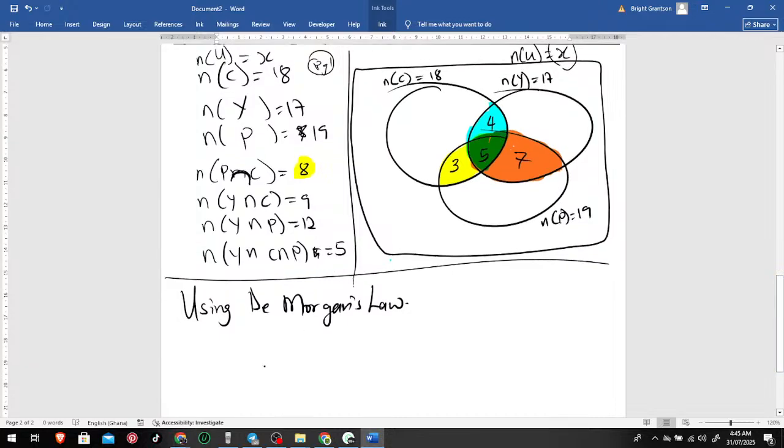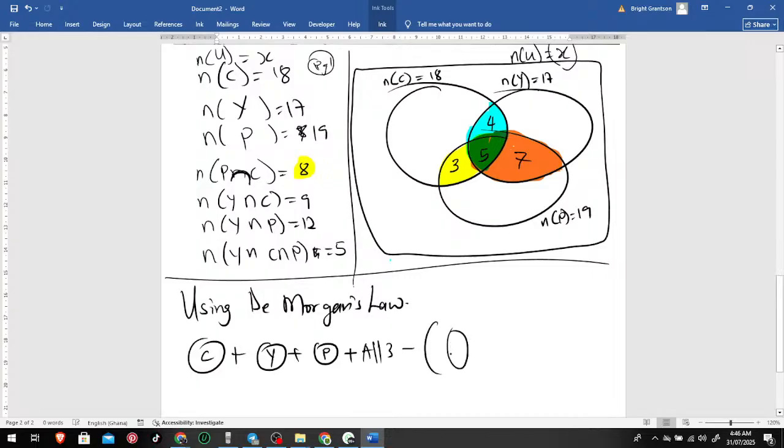Because there's no complement, it is the number of the circle C, so the big circle C plus the big circle Y plus the big circle P, plus all three regions, minus the sum of all the two regions.